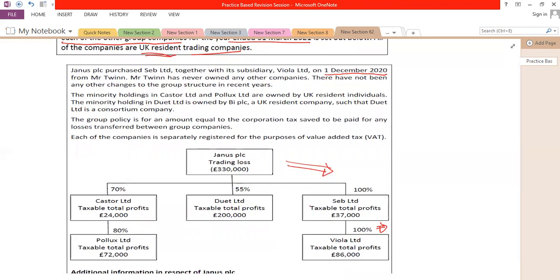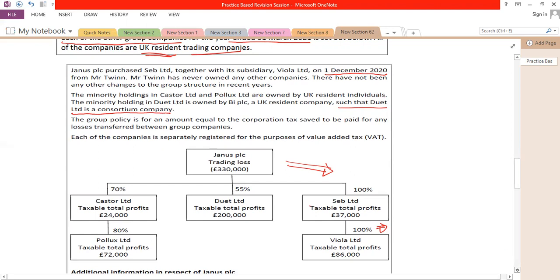The minority holding in Castor Limited and Pollux Limited are owned by UK resident individuals. The minority holding in Dute Limited is owned by PLC, a UK resident company, such that Dute Limited is a consortium company. So one information is consortium company. Okay.